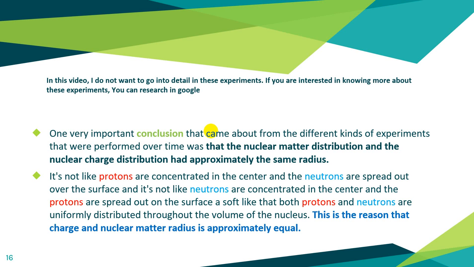It's not like protons are concentrated in the center and the neutrons are spread out over the surface, or neutrons are concentrated in the center and the protons are spread out over the surface. Both protons and neutrons are uniformly distributed throughout the volume of the nucleus. This is the reason that the charge radius and the nuclear matter radius are approximately equal.